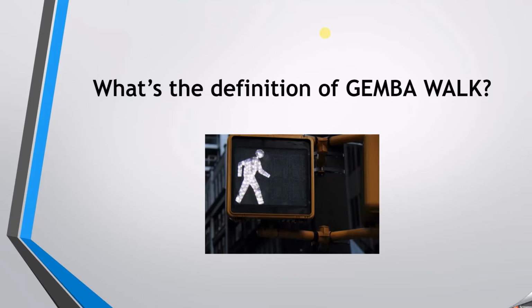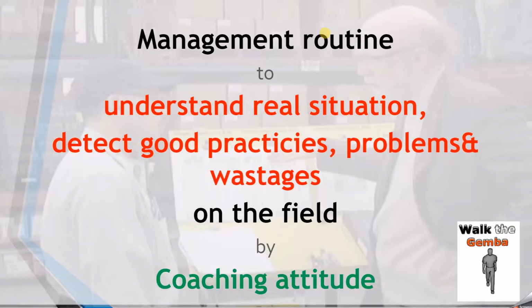So let's discover what is the definition of the Gemba Walk. The definition of Gemba Walk is: it is a management routine to understand real situation, detect good practices, problems, and wastages on the field by coaching attitude.